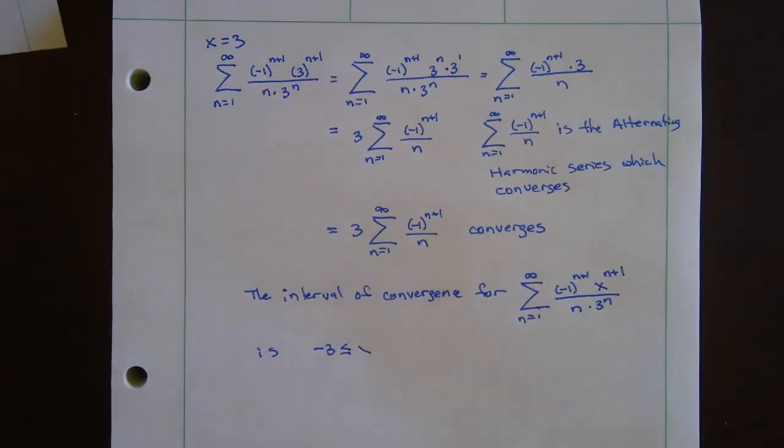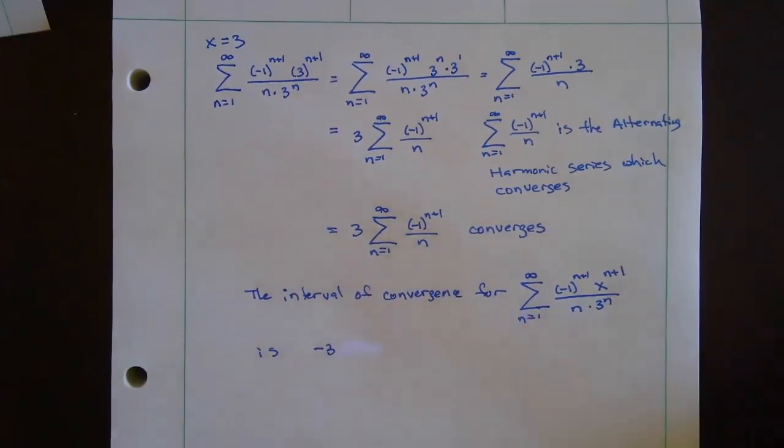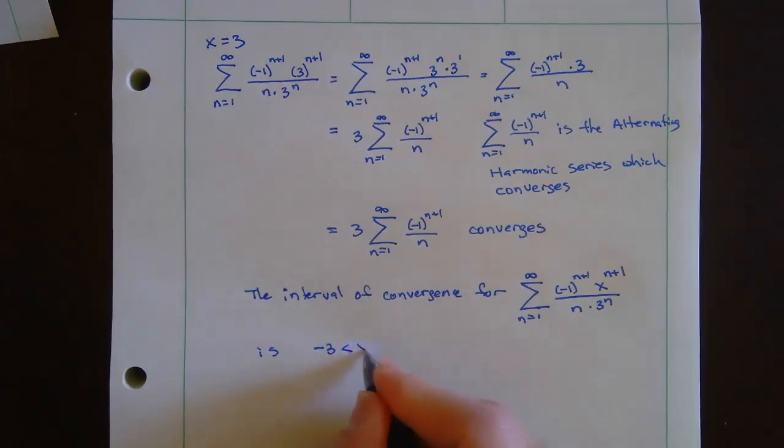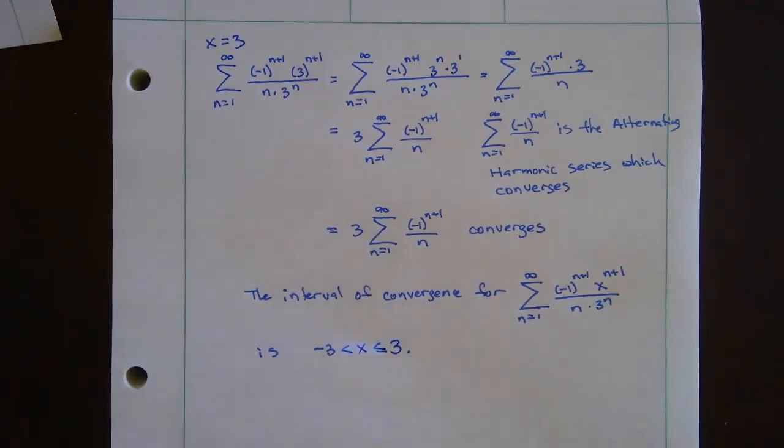Whoa, sorry. We don't want to include negative 3, right? We want to include 3. Negative 3 less than x less than or equal to 3. Okay, and that's the interval of convergence.